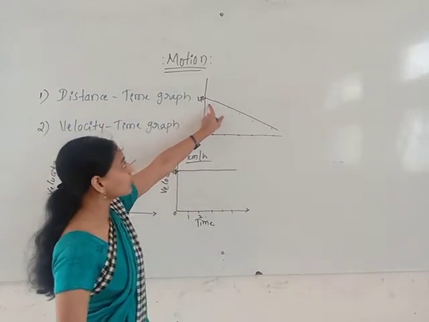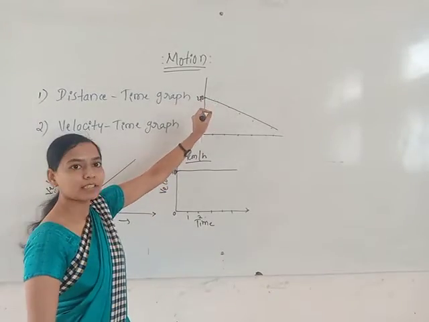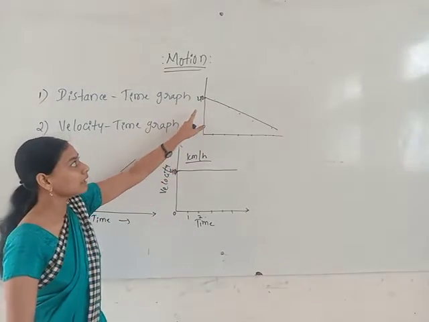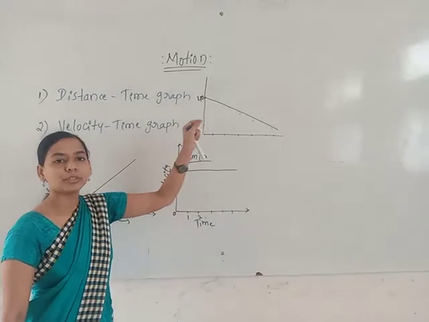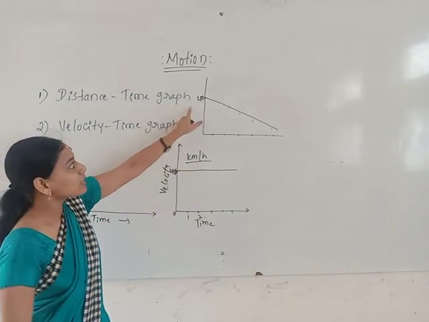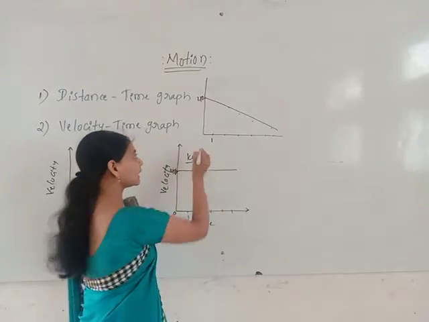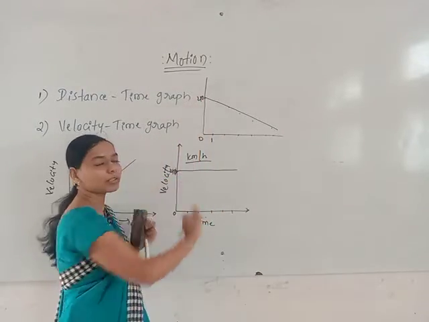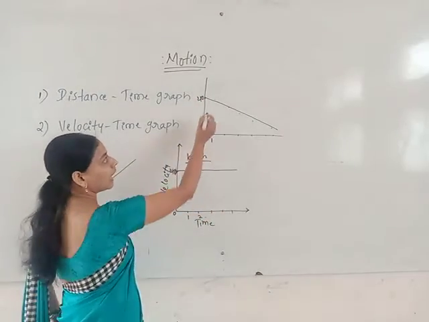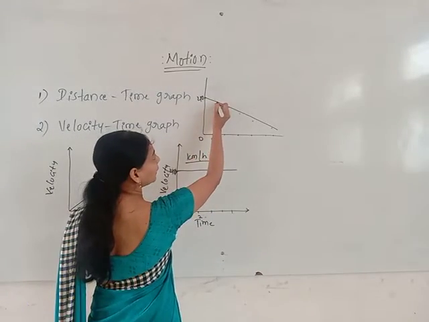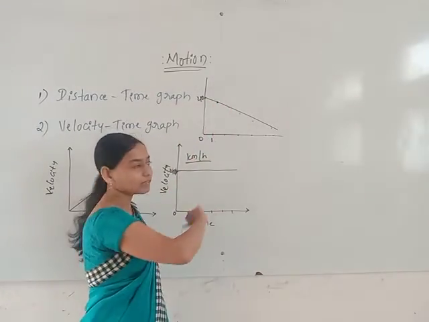Here first it is at 40 km per hour initially; the initial velocity can be taken as u. After 1 hour it comes to, I think, 39 km per hour.